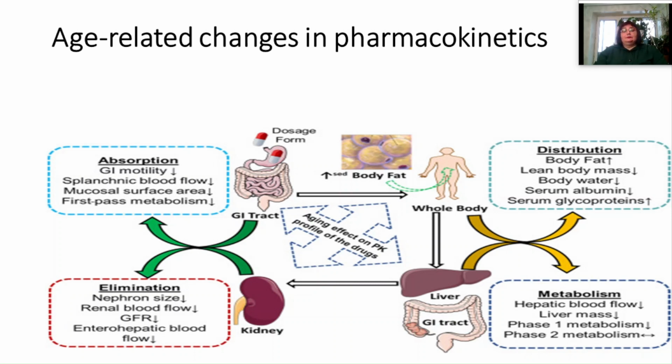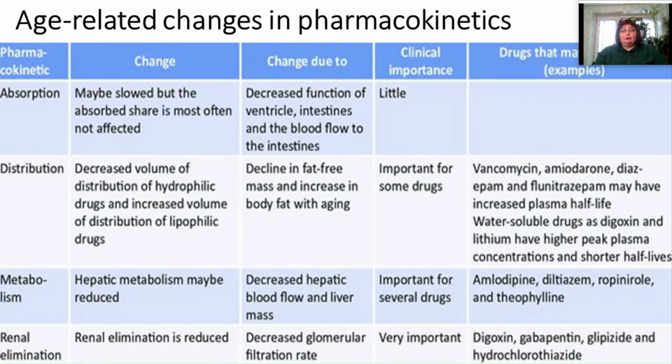Elimination includes a focus on kidney function: nephron size in elderly patients is decreasing, renal blood flow is decreasing too, and enterohepatic blood flow is decreasing too.